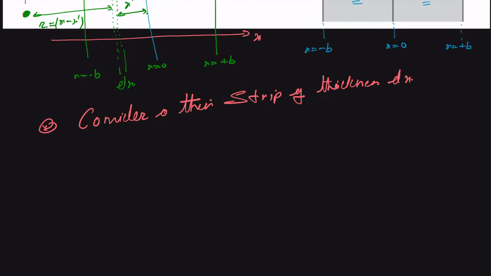Therefore we can write that the charge per unit height, that is our d lambda, will be equal to the charge density times dx prime.